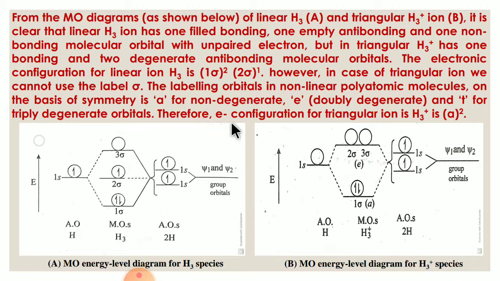Therefore, the electronic configuration for triangular H3 plus is A squared, because the A molecular orbital has 2 electrons itself and that of E remains empty. Therefore the electronic configuration for the H3 plus species is A squared.